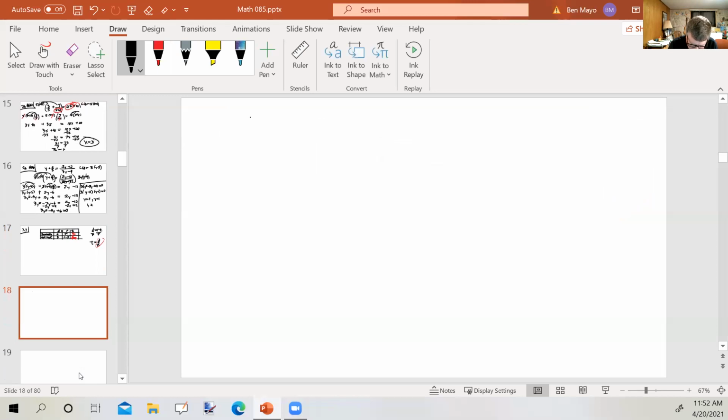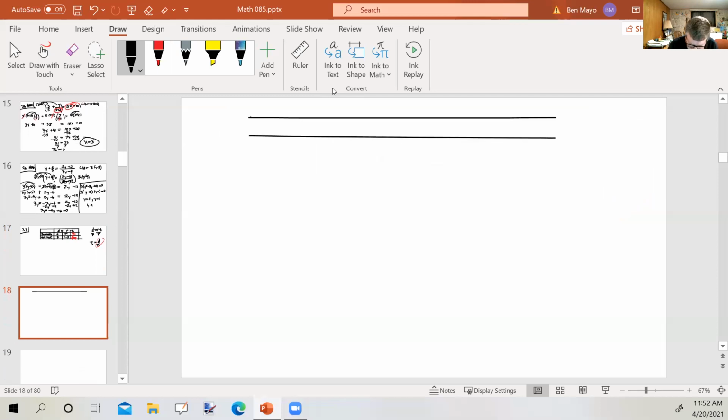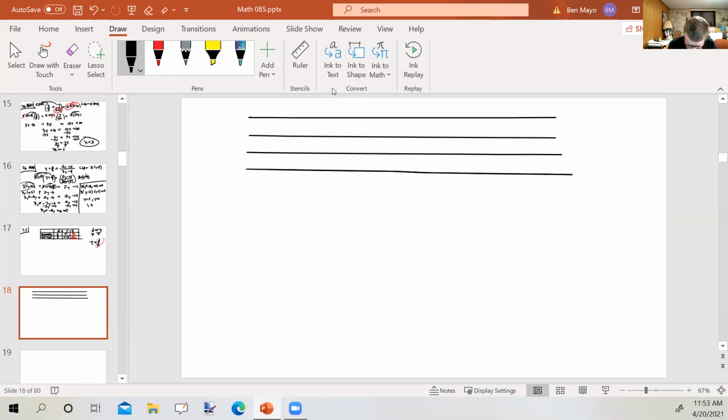Okay, so I can draw straight lines with a ruler, but not parallel lines, apparently. Okay, here. And let's see, I need 1, 2, 3, 4. So 1, 2, 3, 4.